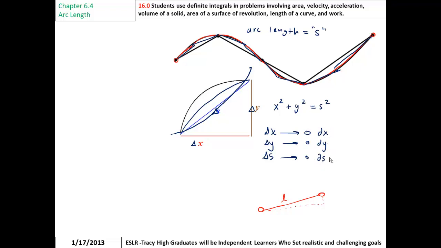A little change in x, a little change in y, a little change in our arc length. And the Pythagorean theorem still holds for these little tiny things, so we can write that ds squared equals dx squared plus dy squared.